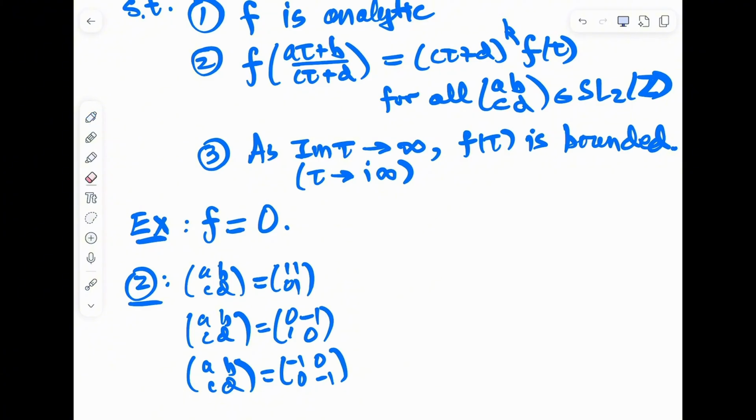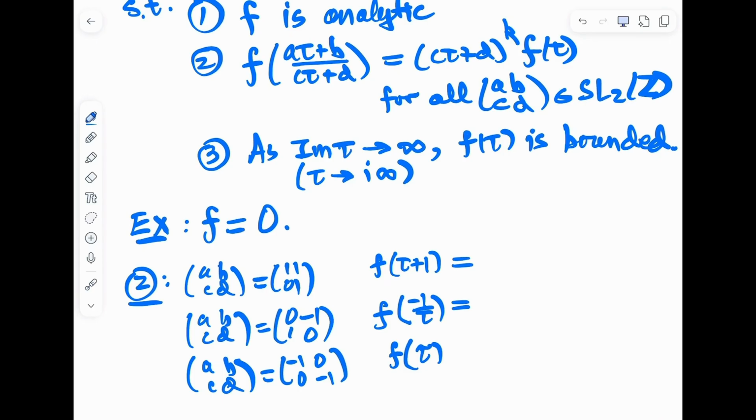So for the first choice, the denominator C tau plus D is just the number 1, and the numerator is tau plus 1. That's the left side. The left side for the second case is minus 1 over tau. The left side for the third case is actually just tau. The minus signs cancel out.